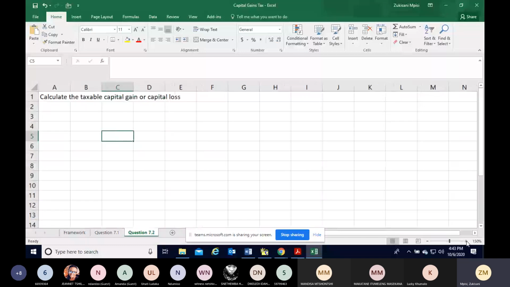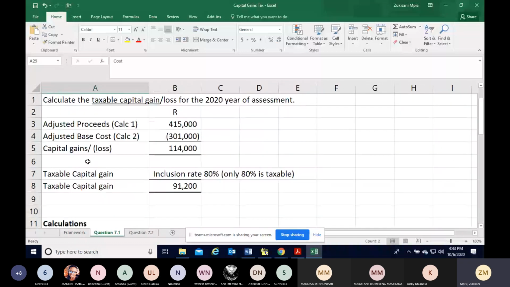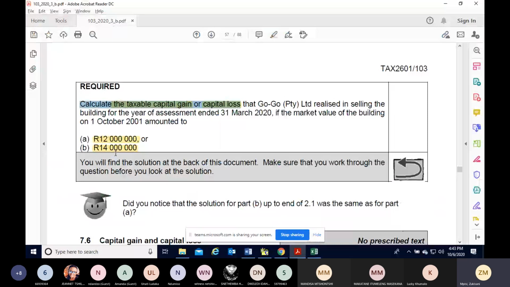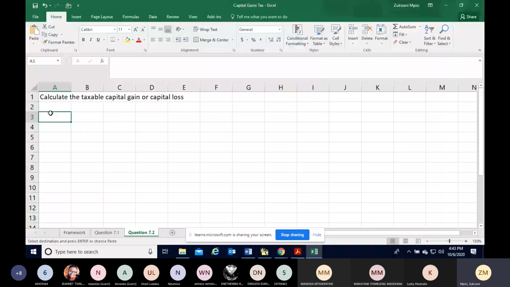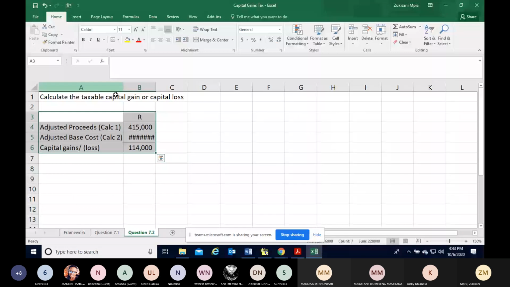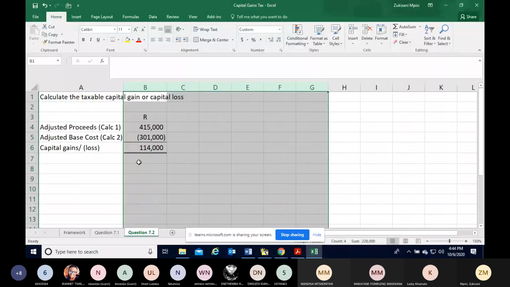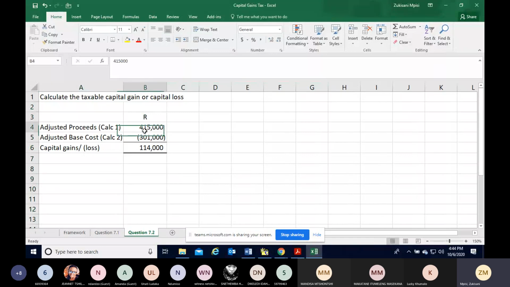The formula does not change, so I'm going to take this formula as is. It remains the same formula. It's the numbers that are going to change.